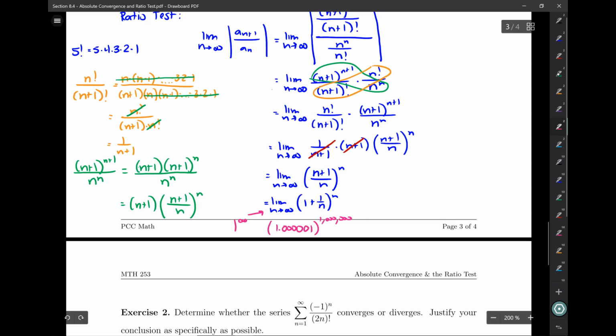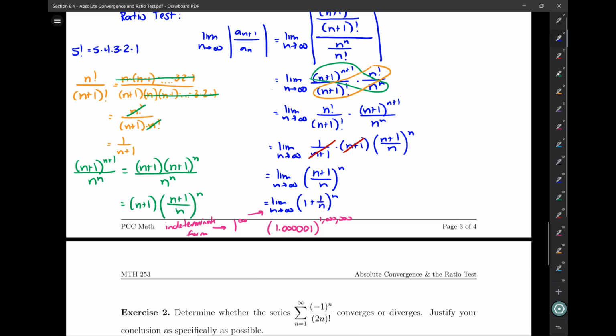This 1 to the infinity is an indeterminate form, which hopefully you've looked at before. We actually have proved in L'Hopital's rule, I'm not sure where you may have taken Calculus 1 or Calculus 2. At PCC we teach L'Hopital's rule in Calculus 2. This is a limit that you should have seen in that course at some point, probably, hopefully.